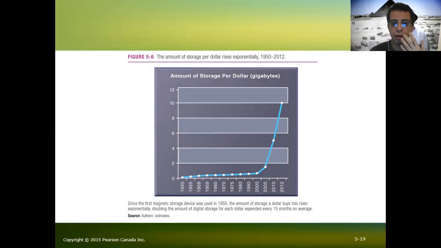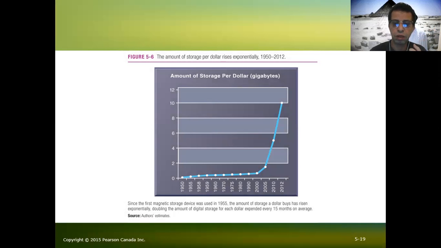On the other hand, the amount of storage per dollar is rising. If you had $1 in 1950, it would probably cost $1 per gigabyte to store it.